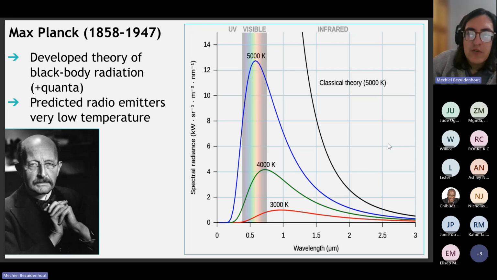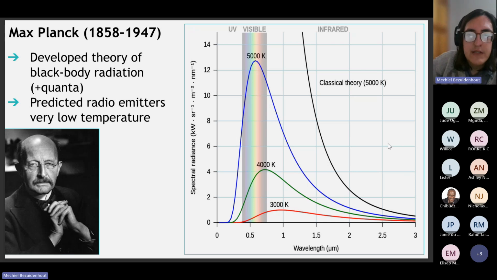So Planck solved this problem by developing his theory of black body radiation, including the quantization of energy. So for the first time, he conceived of electromagnetic radiation not as continuous, but as consisting of discrete quanta, what we now know of as photons.